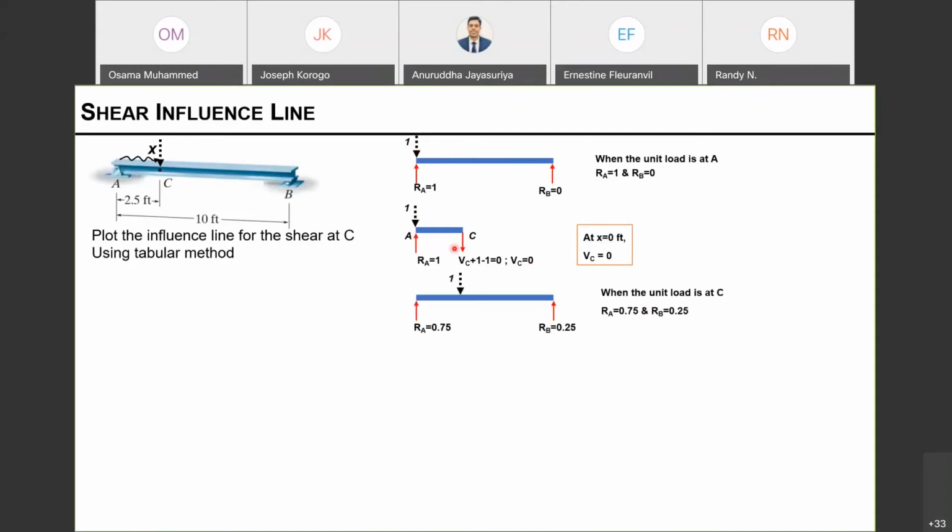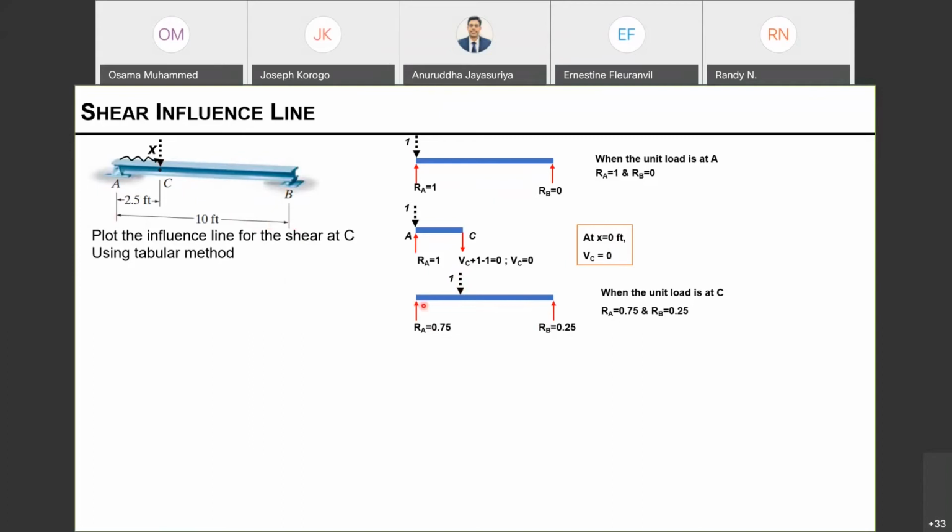If I place my load on C, now what happens? My reaction is going to change at A and at B. So how do you get this? The load is 1, the distance from A to C is 2.5, and therefore the distance from C to B will be 7.5. Why? Because AB is a simply supported beam with a span length of 10 feet.